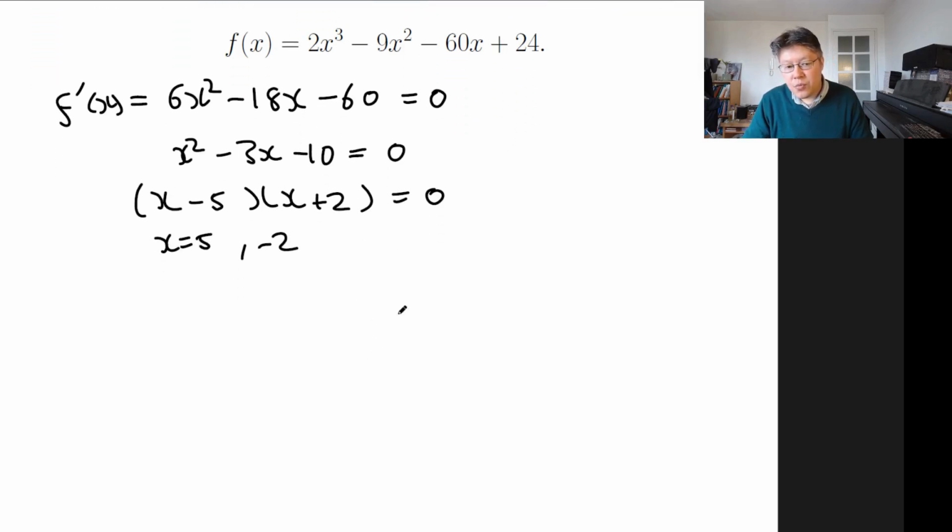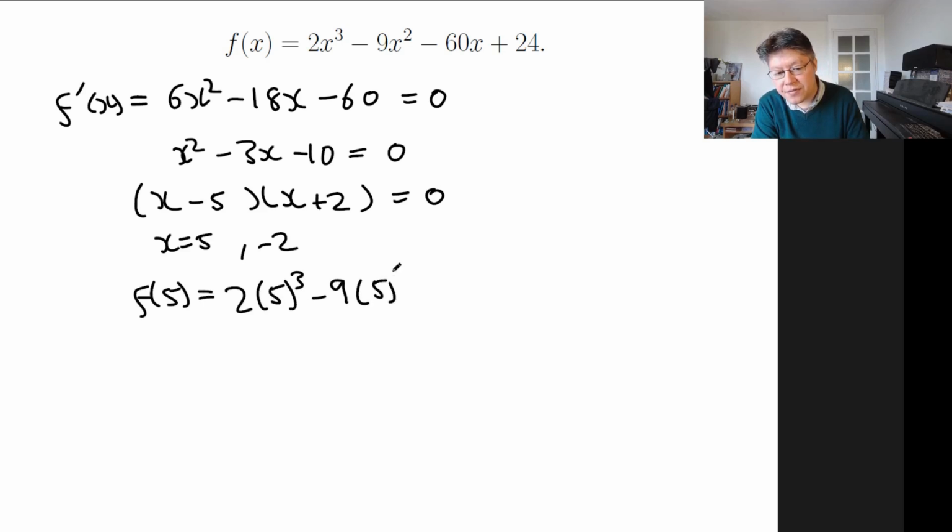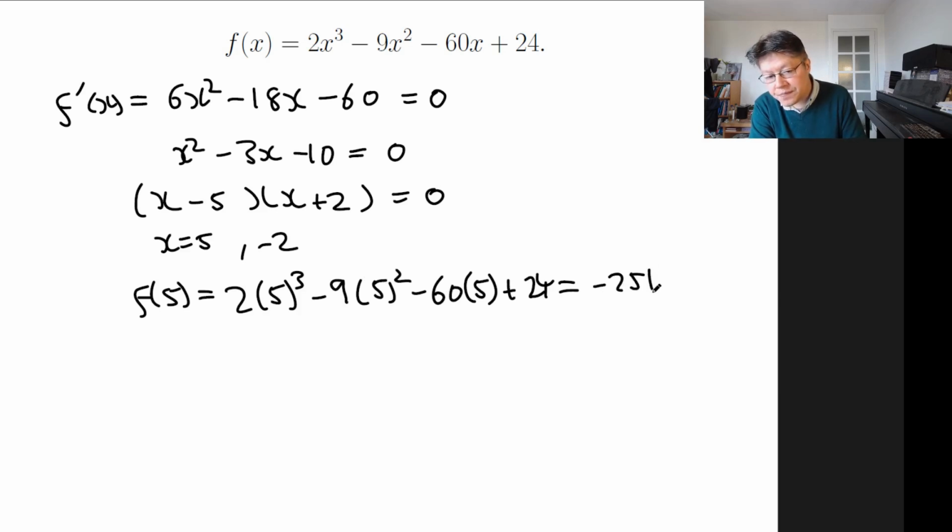And the first thing we'll do, we'll get the corresponding y coordinates. So we'll substitute these into the original function. So we have f of 5 equals 2 times 5 cubed minus 9 times 5 squared minus 60 times 5 plus 24. And if we use a calculator for that, that equals minus 251.